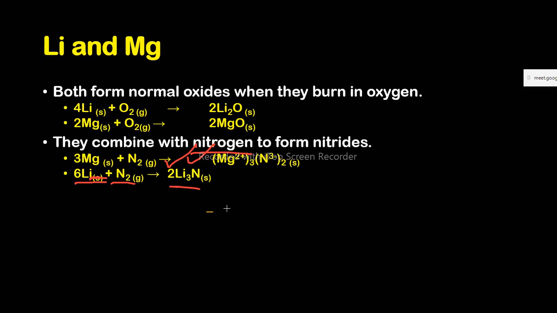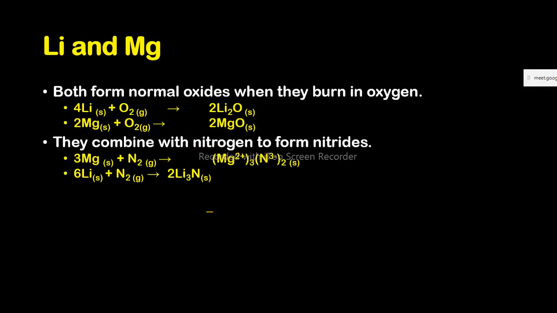Then with magnesium, magnesium has a valence of 2, then nitrogen has a valence of 3, and so that is the compound that is going to be formed. But for all group 1 elements, no other member can burn like that.